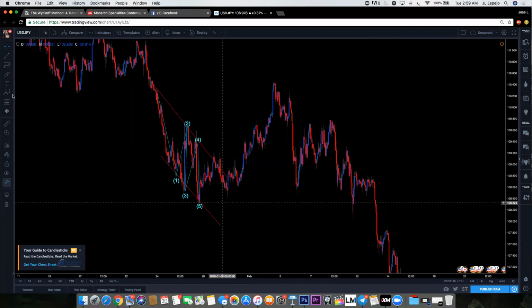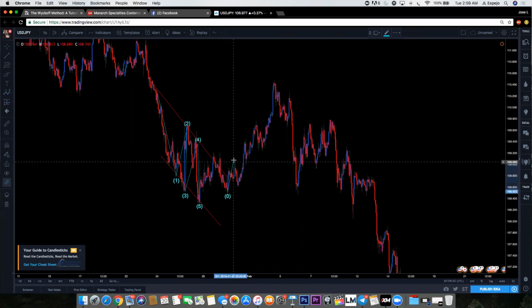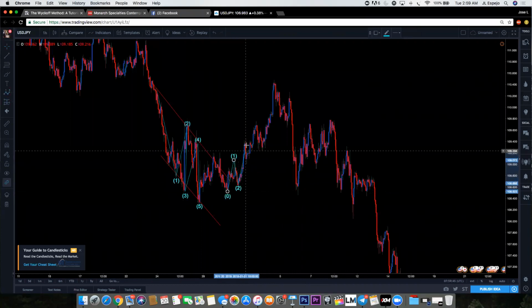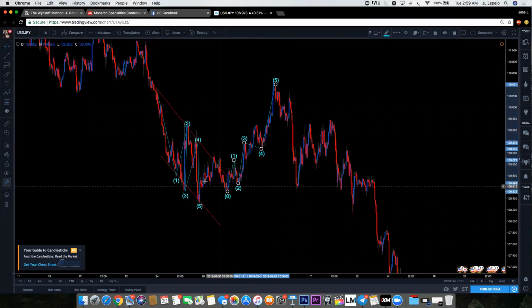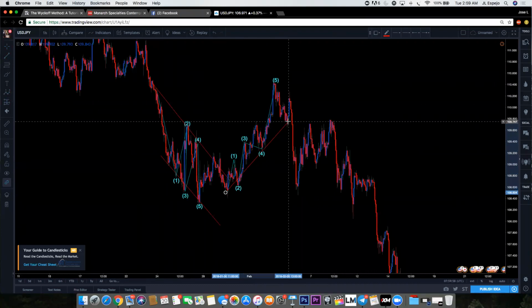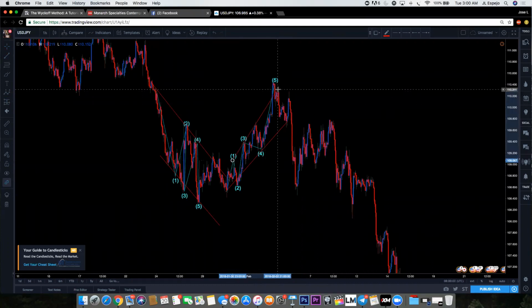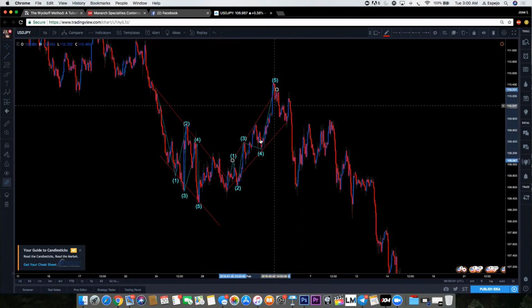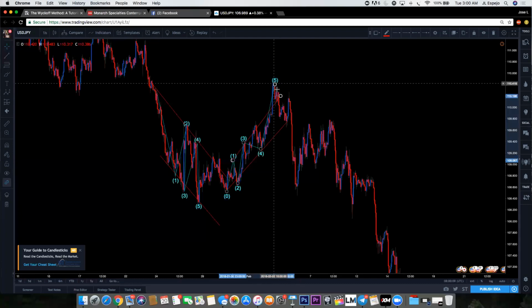Now let's look at it on an uptrend. So here, 0, 1, 2, 3, 4, 5. Let's say 5 is here. It's a little exaggerated, but if we look for our trend and we look for the channel to complete it, I don't think that's a good number 5 area.